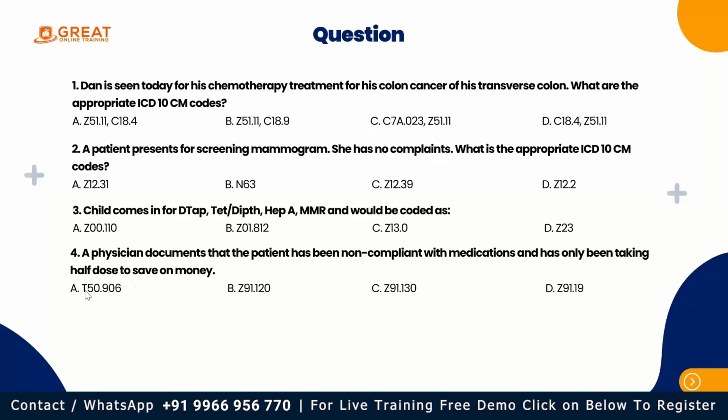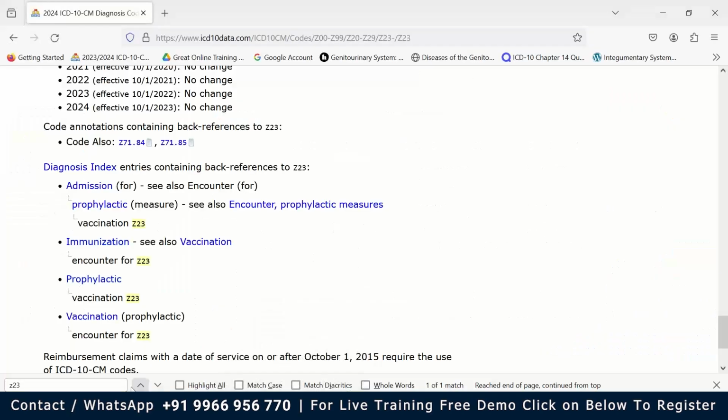It will not start with a T code, because T codes are for poisoning, adverse effect, and all. So A will be ruled out. We have only 3 options, and all start with the Z91 category only.